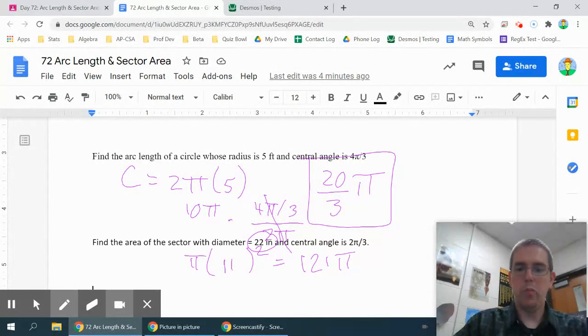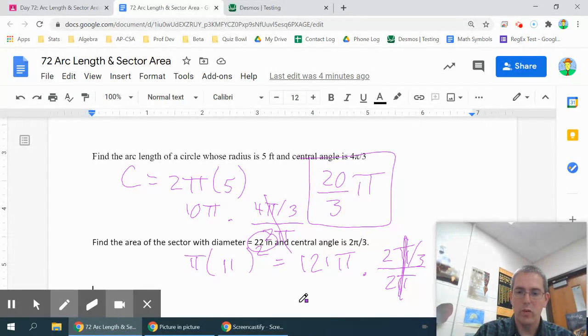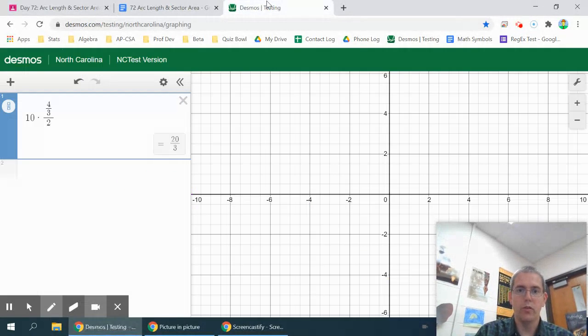But that needs to be multiplied by my angle, which is 2 pi over 3 compared to 2 pi. So once again, like usual, these pi's cancel. So what I need is 121 times 2/3 over 2.